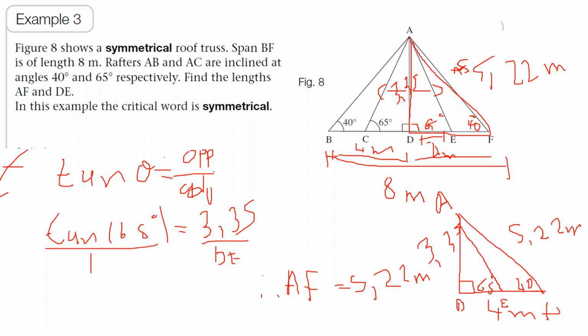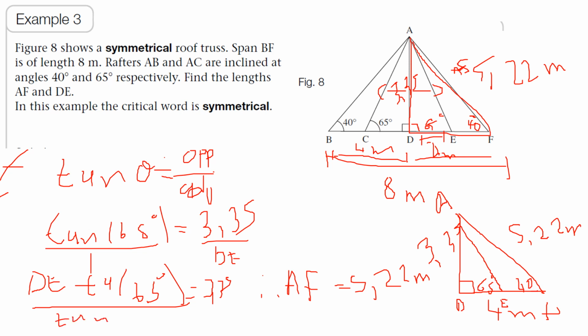So when you cross multiply, it's going to be DE tangent of 65 is equal to 3.35, and then you divide both sides by tangent 65. So that means when you divide by tangent 65, your answer of DE will be equivalent to what?